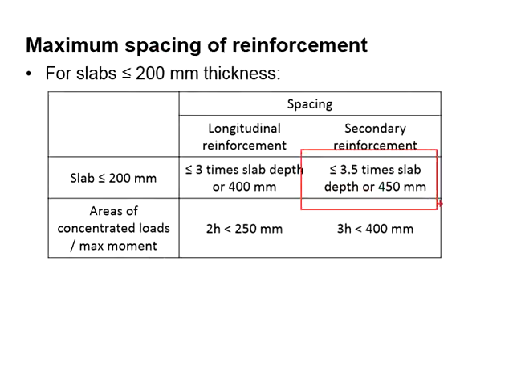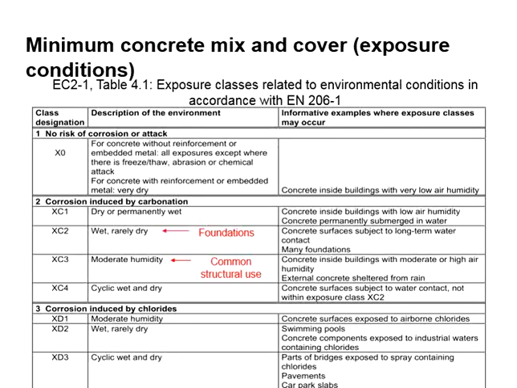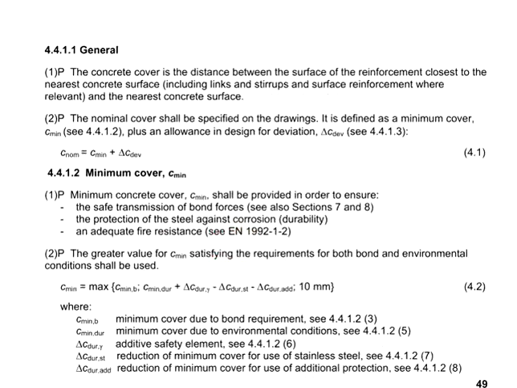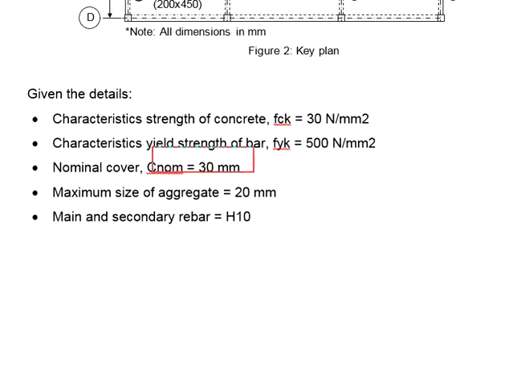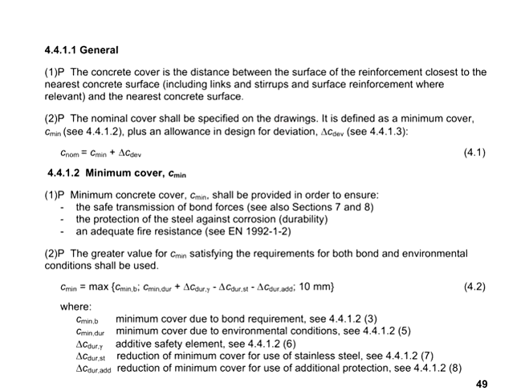But this is for your knowledge. In fact, there are other serviceability requirements for the slab. Among those relevant, it will be the concrete cover. In this question, the concrete cover has already been given. Therefore, you do not need to calculate the concrete cover.